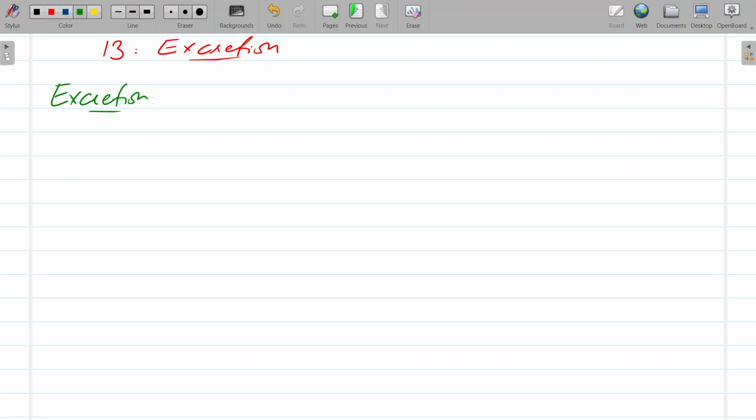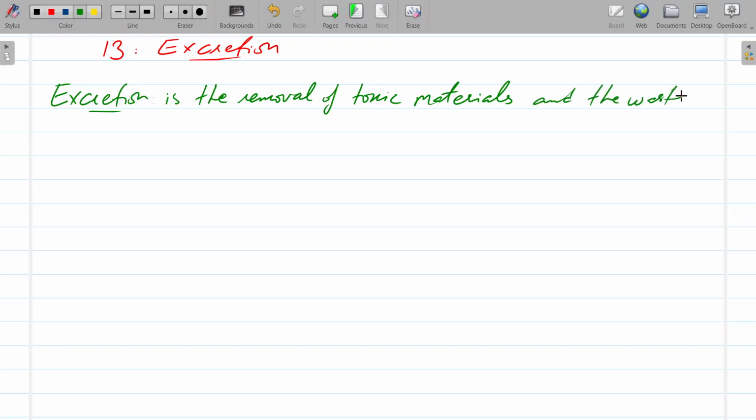So the book says excretion is the removal of toxic materials and the waste products of metabolism from the organism.